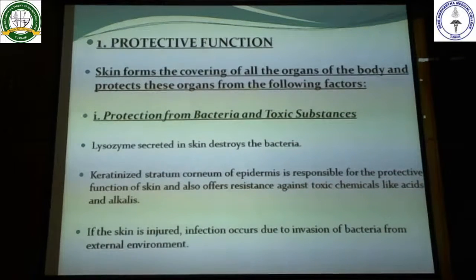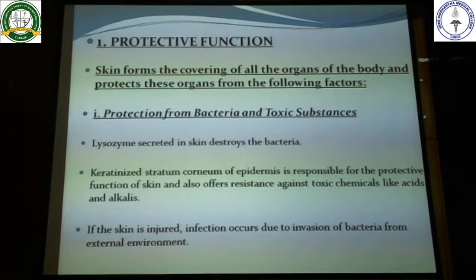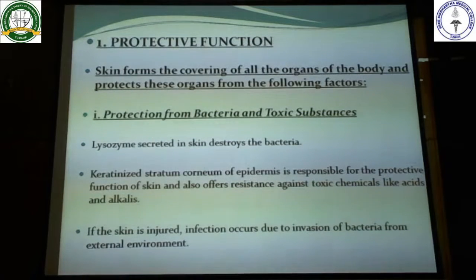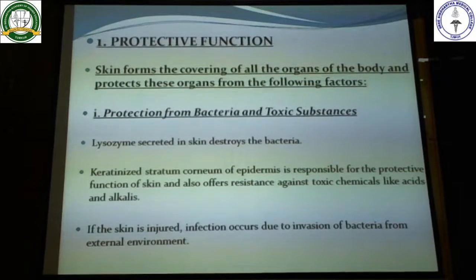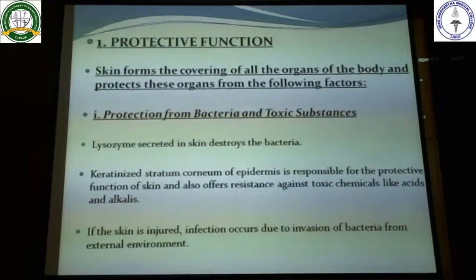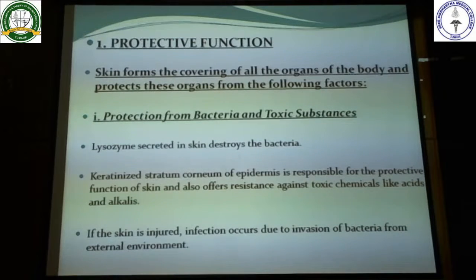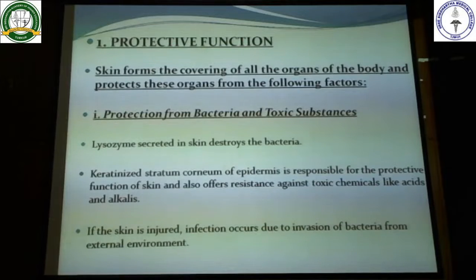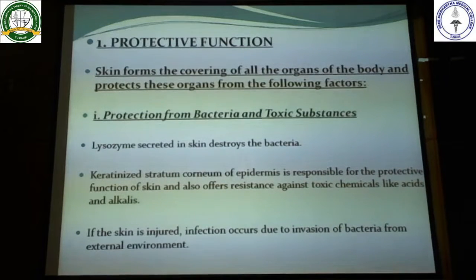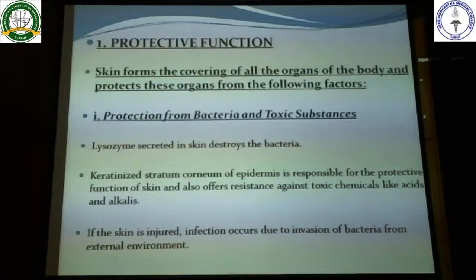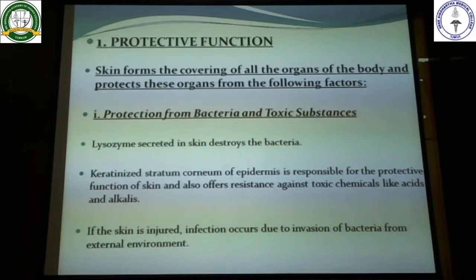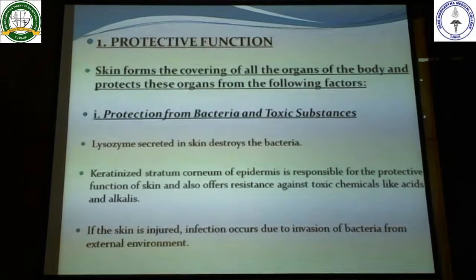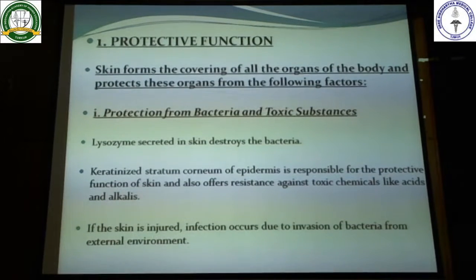Along with that, the keratinized stratum corneum of the epidermis layer of the skin is responsible for the protective function of the skin, and it also offers resistance against toxic substances like acids and alkalis. Now if this protective skin layer is damaged, the organisms present on the surface of the skin invade and cause infection.